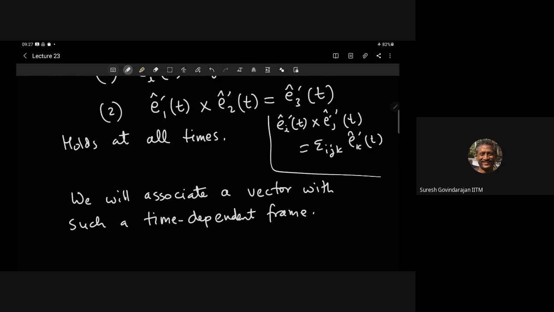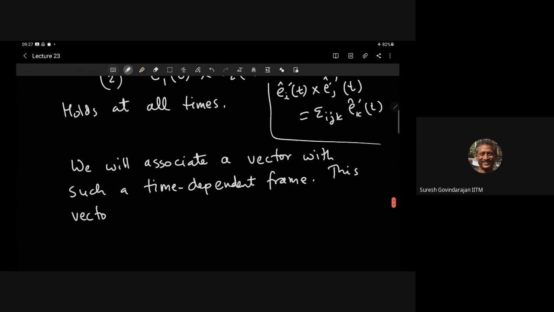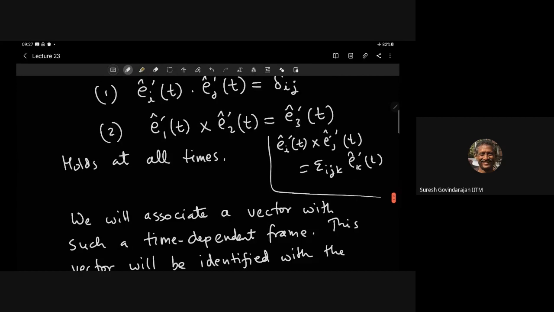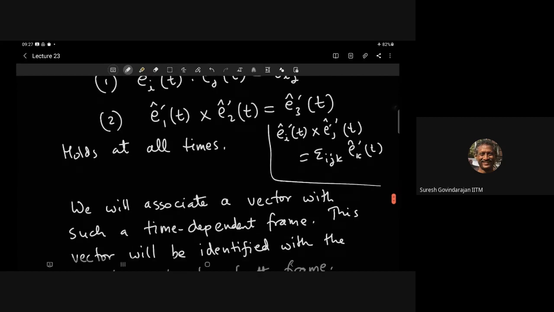And this vector will be identified with the angular velocity of the frame. So what we're going to do is take property 1 and differentiate it with respect to time.